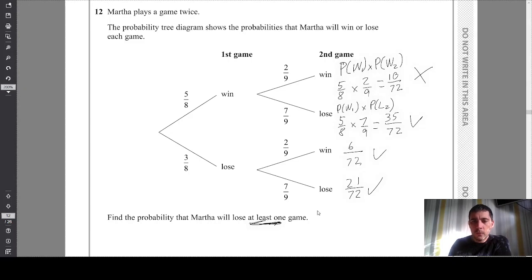So win lose, add 35/72, add lose and then win, so add 6/72, and last add both lost games. So chance for both lost games is 21 out of 72, which will add up altogether into 62 over 72. So that's one method.